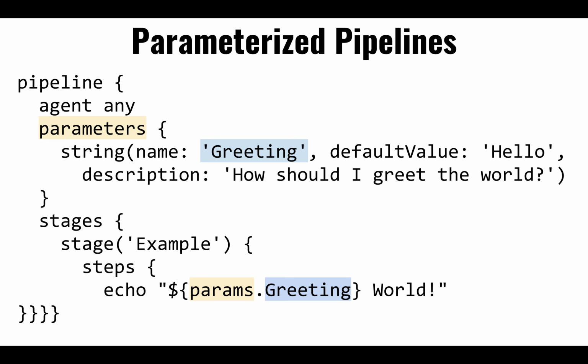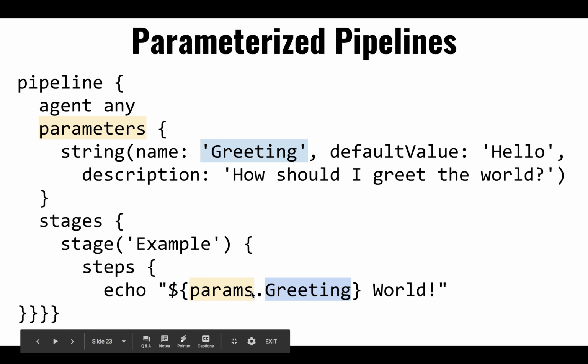So Jenkins allows you to declare these parameters in an element called parameters, where you can give the names of the parameters, an initial value, and an input field that would allow folks to enter the values of these parameters. And then you can use those parameters as part of the build.